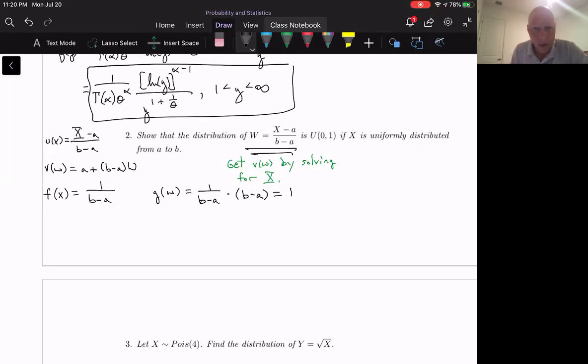And then you think about the support and you say, okay, well, x is uniform from a to b. So when it's at its smallest, when x is a, w is 0 because it's a minus a. And when x is b, you have b minus a over b minus a, which gives you 1.